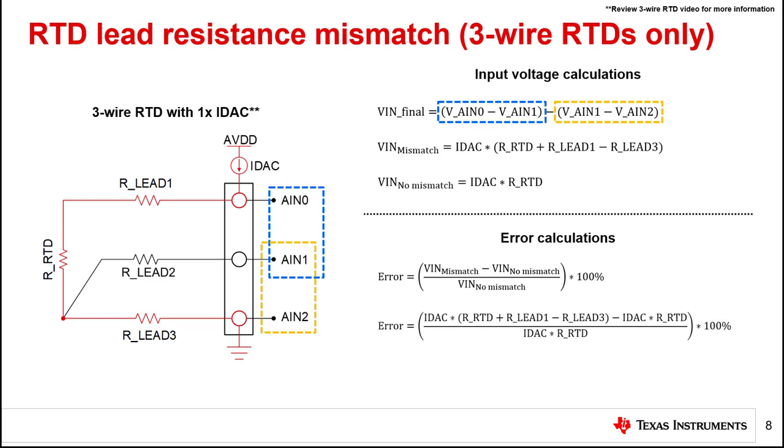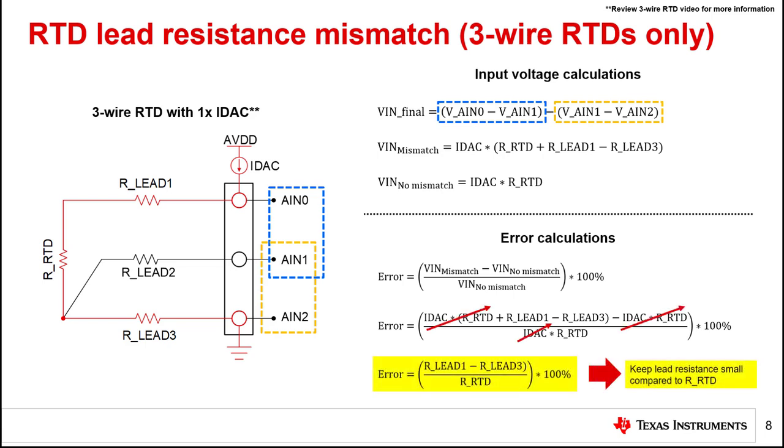Inputting the Vin terms from the input voltage calculation section yields the second equation on the bottom right. Finally, we can divide out the IDAC term and cancel our RTD in the numerator. The resulting error equation, highlighted in yellow, states that the error in percent is the difference between the lead resistances divided by the RTD resistance.